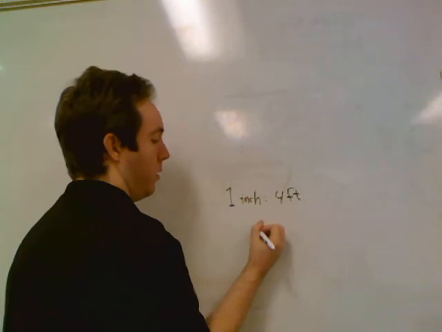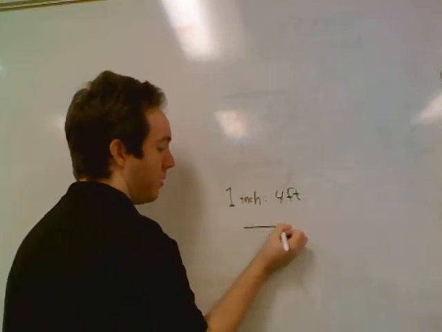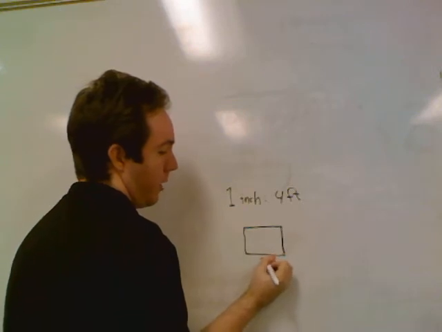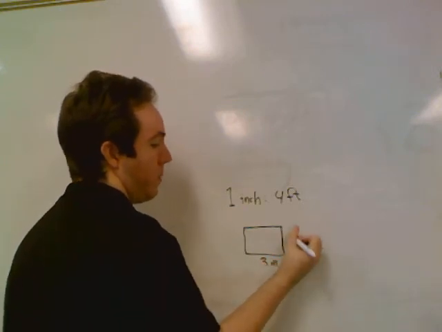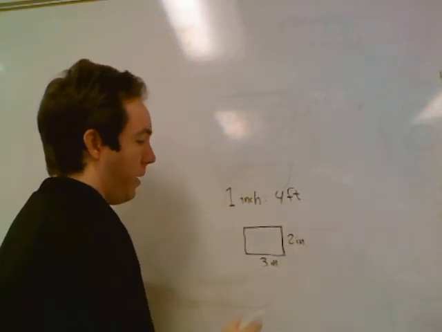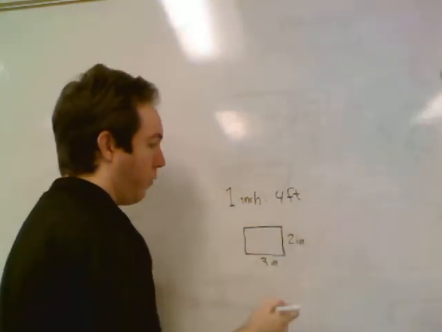If I draw a box, and when I measure it, it is 3 inches by 2 inches, we know that every inch is equal to 4 feet.